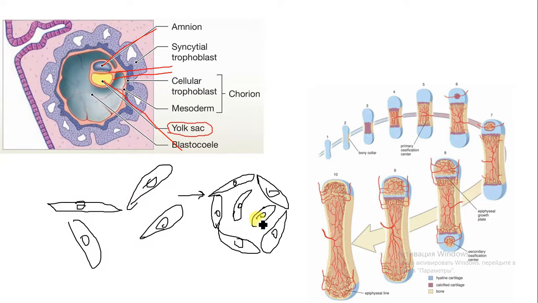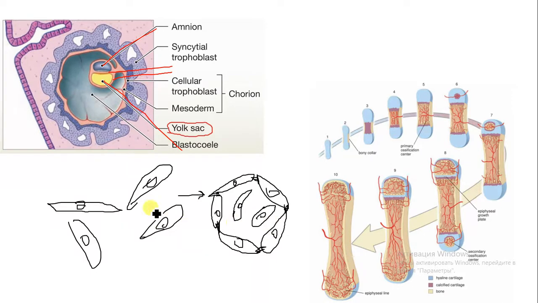You remember that these cells become tightly attached to each other, and they form an epithelial tissue arrangement. If you remember the epithelial tissue topic, you can tell me the name of this epithelium. The name is simple squamous epithelium.